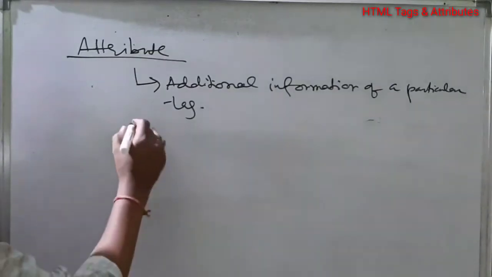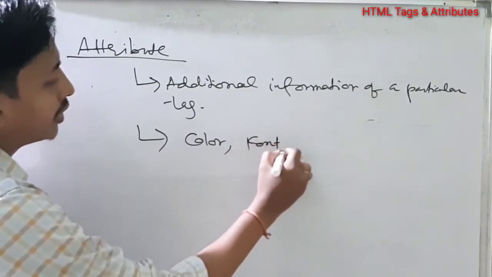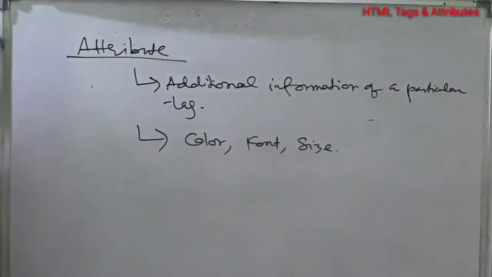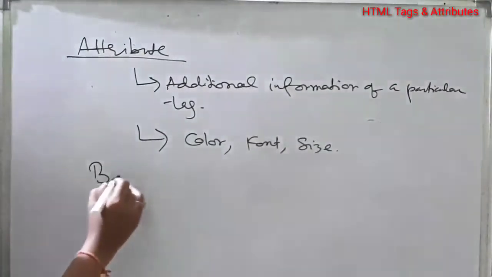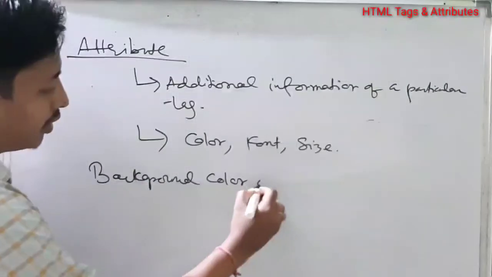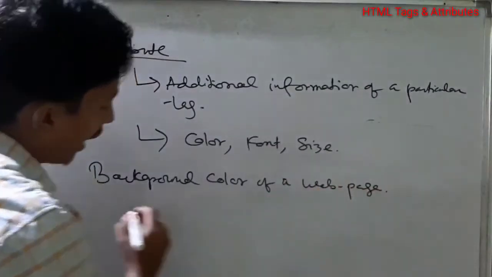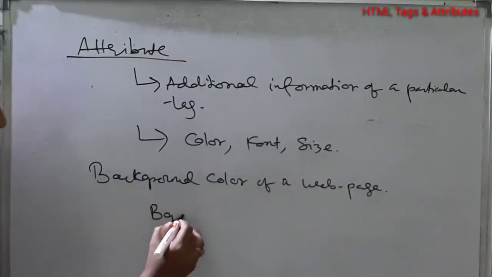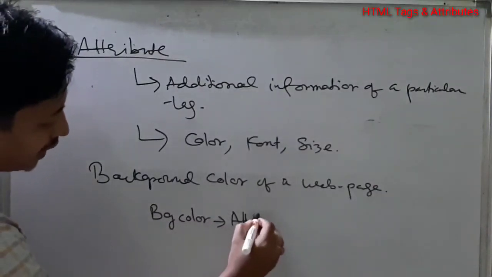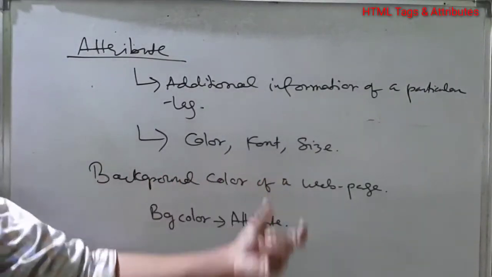For example, if you want to set some color, font, or size, then you have to use an attribute. For example, you can change the background color of a web page with BG color. BG color is an attribute. This is not a tag. This is an attribute used to change the background color of a web page.